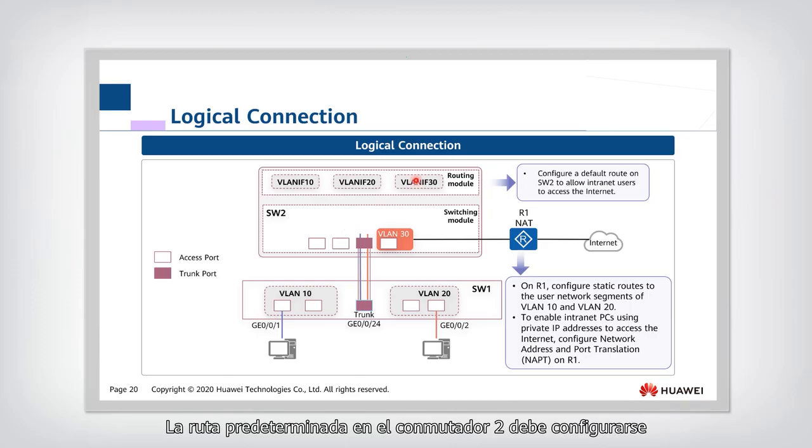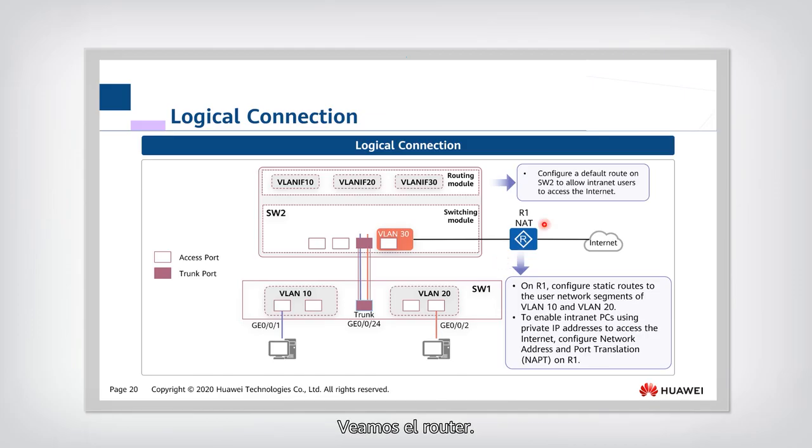And then the default route on this switch 2 should be set to this router to let all the traffic from these PCs go out to the internet. Okay, this is the logical model of switch 2.